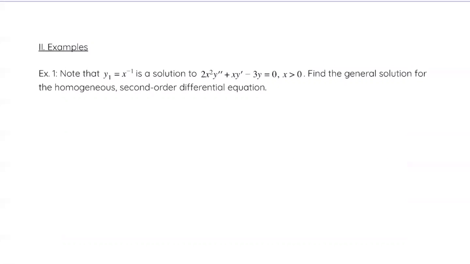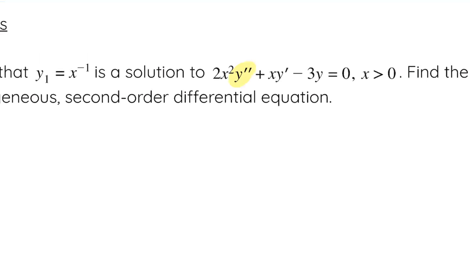All right, so we have a differential equation here. How do I know that this is a second order differential equation? Y double prime? Exactly, that Y double prime right there is our key indicator that we indeed have a second order differential equation.